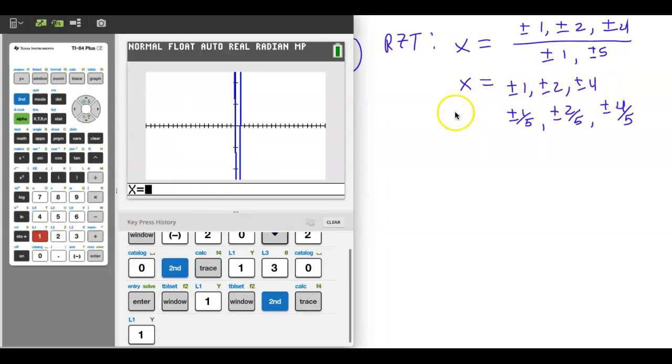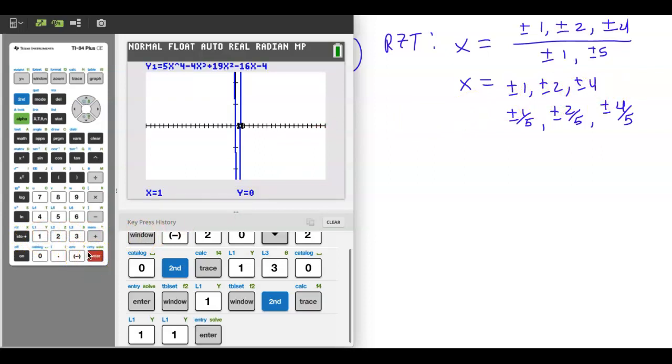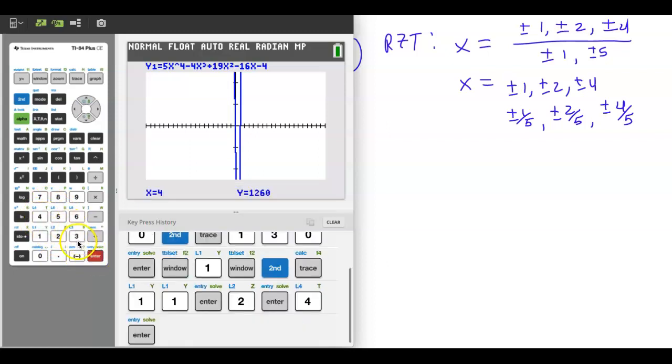Okay. So now that we know that, we're going to go to second, trace again, value, and then we're going to type in all these numbers again, see which ones work. So we're going to do 1, enter. Okay, so we see that 1 works. So that's a good sign. 2 doesn't work. 4 doesn't work.